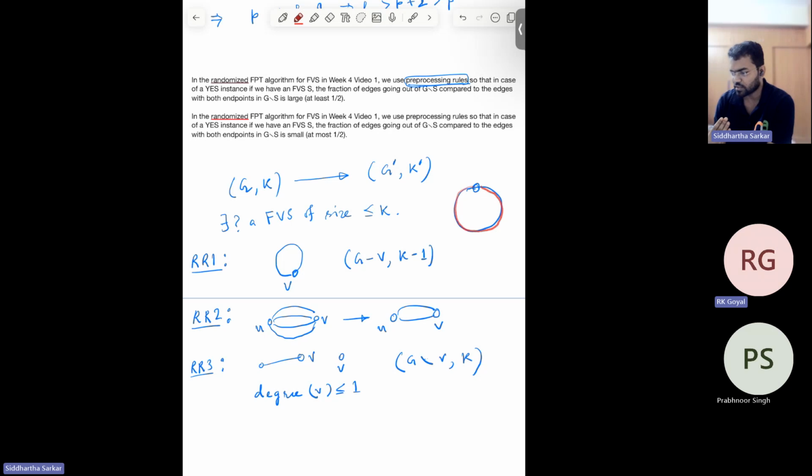Now, any vertex which is part of a cycle has minimum degree 2. If there is a vertex outside of the cycle, with degree 1, then deleting that vertex will not destroy cyclicity anywhere in the graph.